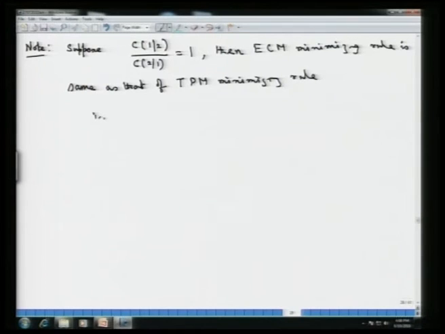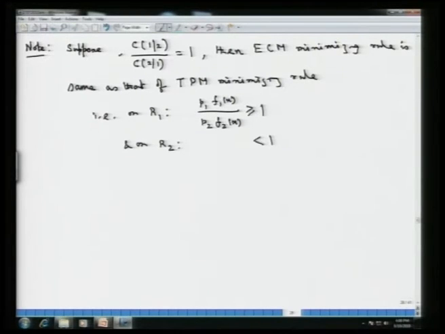That is, if this holds, then on R 1 we will have P 1 times F 1 x by P 2 times F 2 x greater than or equal to 1, and on R 2 we will have this term less than 1. So, this is what we have.